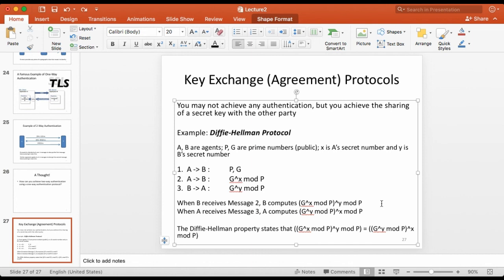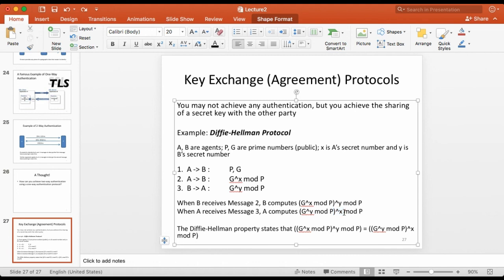So when B receives message 2, it will take that number g to the power x modulus P and raise it to its secret number y modulus P. And the same thing when A receives the last message, A will take the number that B has sent it and raise it to the power of its secret number x, then modulus P.